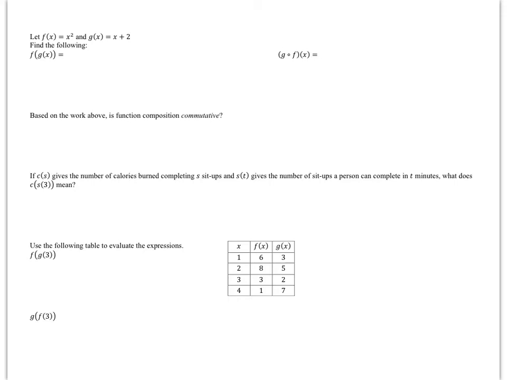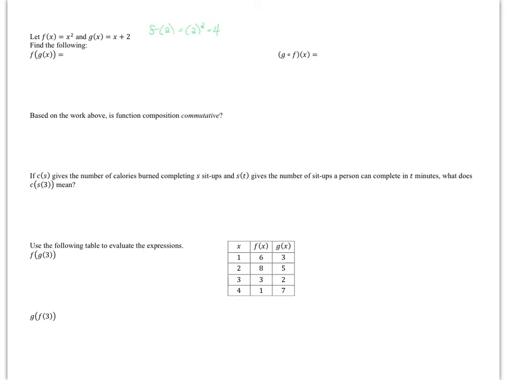Now, compositions. So we're looking up here. If f of x is x squared and g of x is x plus 2. So we've got this, and so f of g of x, right? If we had f of 2, we would take our function f here and we'd plug in 2. So that would be 2 squared, which is 4.